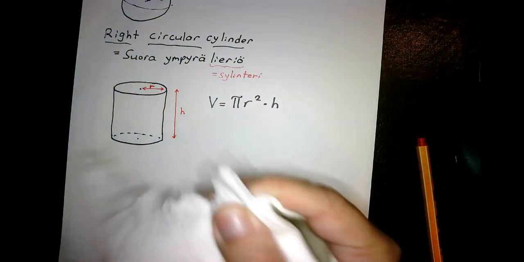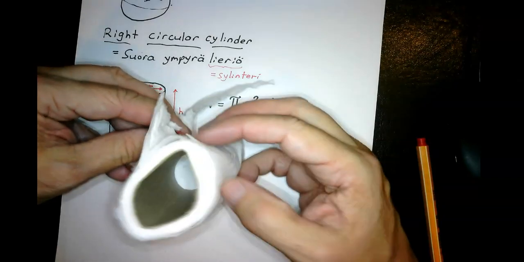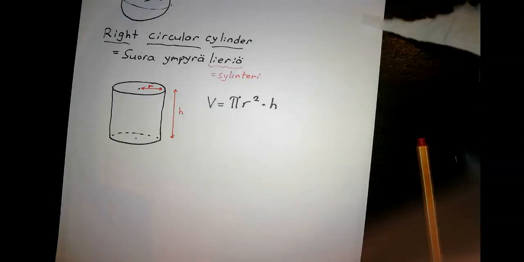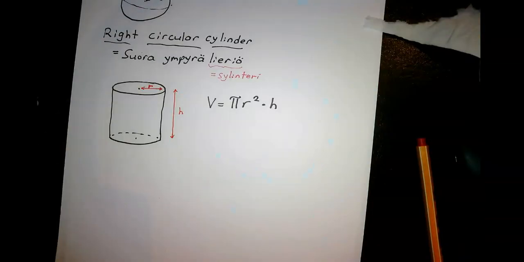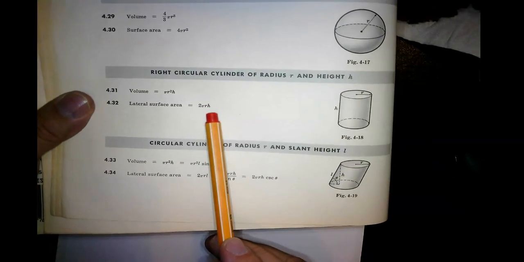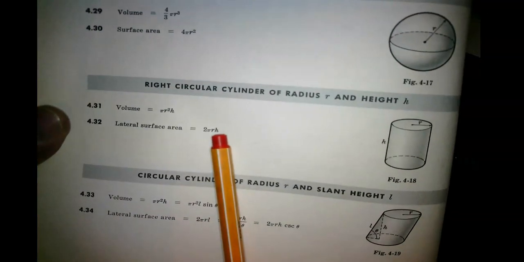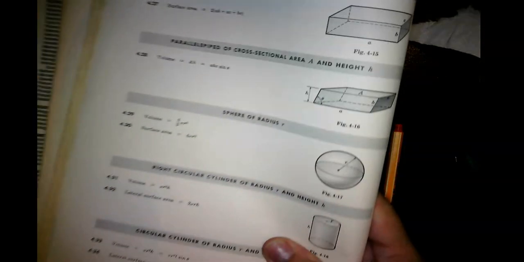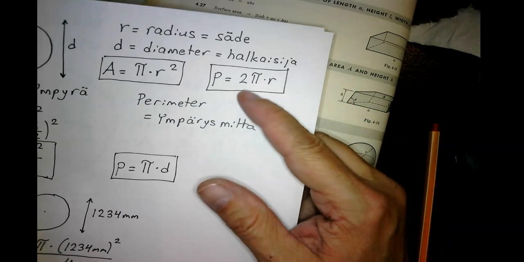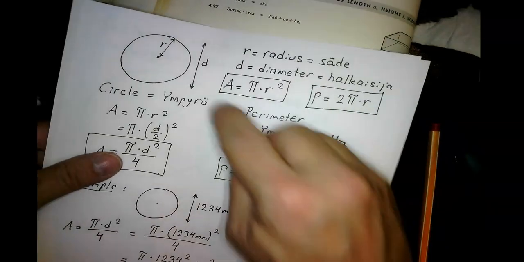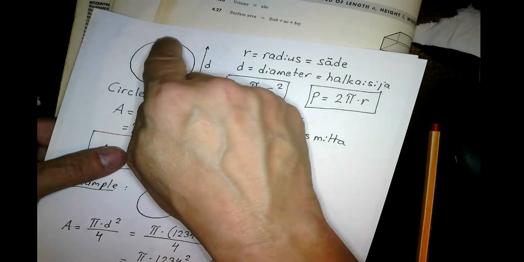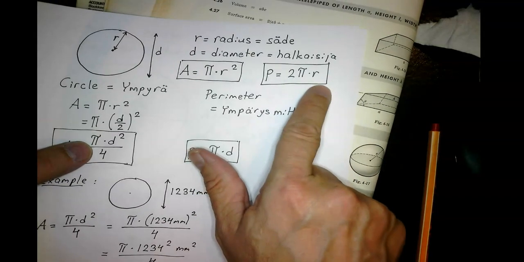Let's cut it from that point. So like this, I will take this area away. This would be the area of that lateral surface, and it is said here that it is 2 pi r times h. 2 pi r is the same as the perimeter of the circle. So the length of the borderline of the circle is 2 pi r.